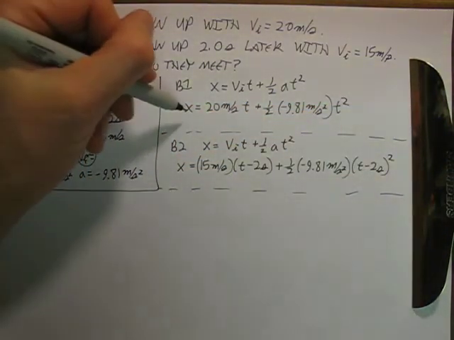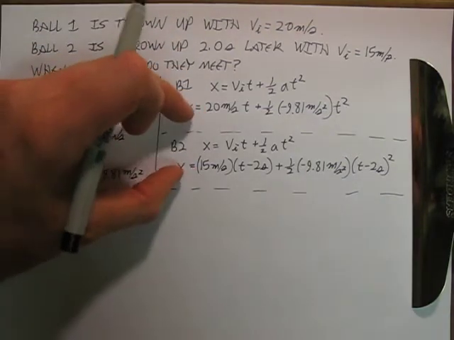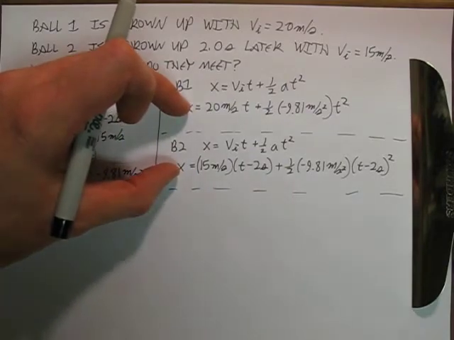Alright, now because this X is the exact same as this X, I can set these two equations equal to each other.